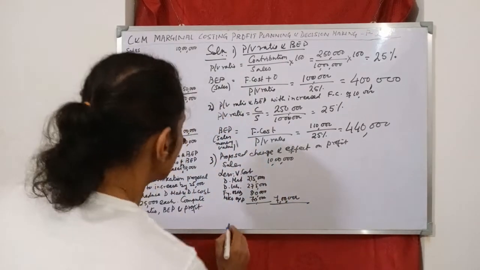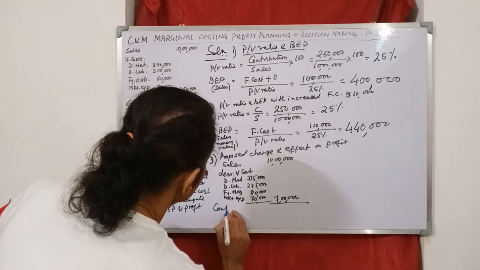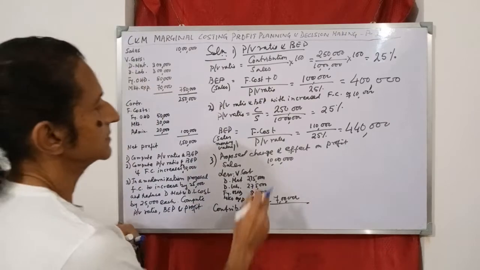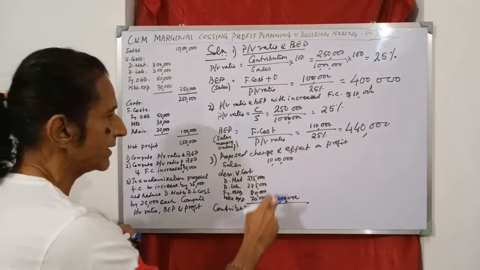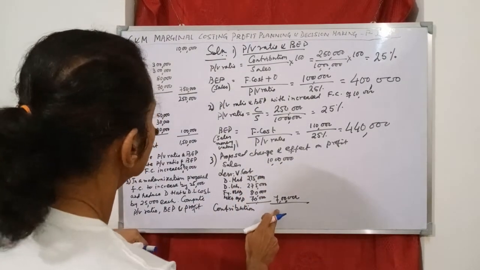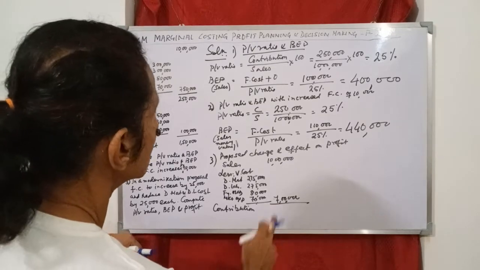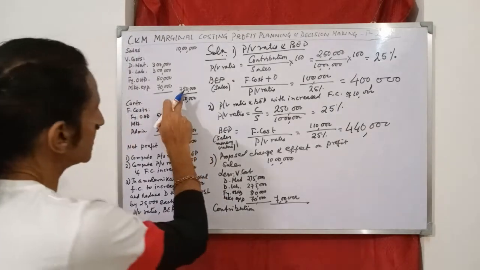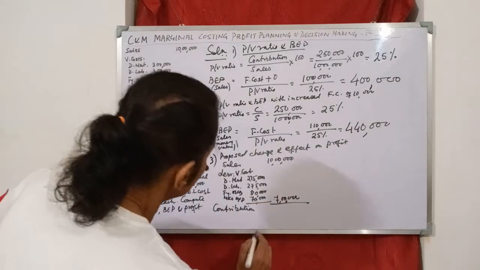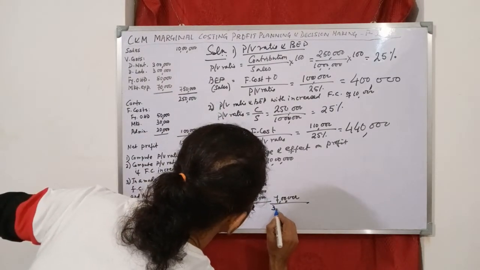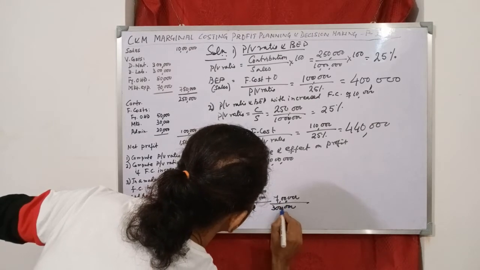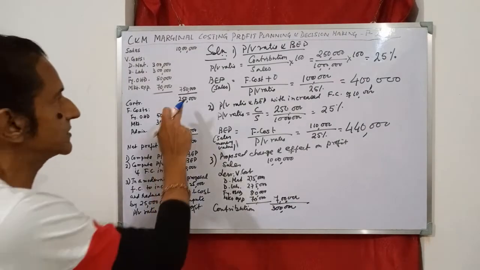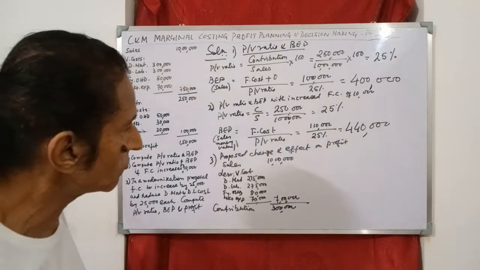So new contribution will be same sales figure minus decreased figure of variable cost. Previously it was 7,50,000, now it is 7 lakh. So total contribution will be 3 lakh. That is, total contribution will increase by 50,000. Previously it was 250,000.